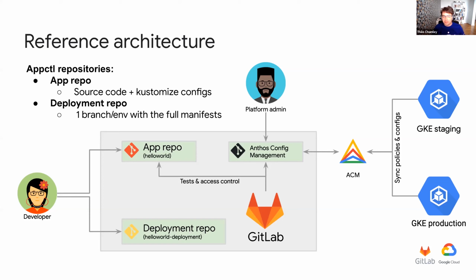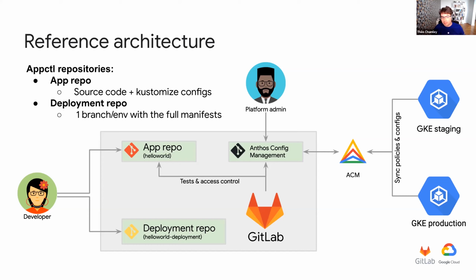When I say configuration and policies, I mean things like network policies in Kubernetes, which are software-defined firewalls, or RBAC policies, which are like access control for your clusters, etc. Anthos config management reads those configs and policies from a Git repository in your GitLab instance, and applies those to your Anthos clusters or your Google Kubernetes Engine clusters.